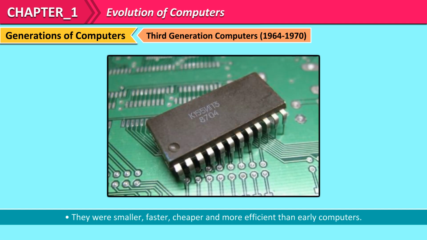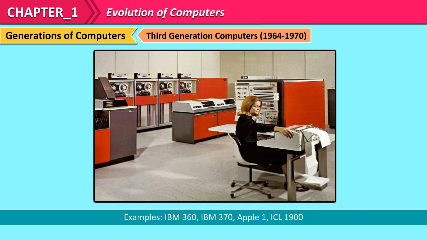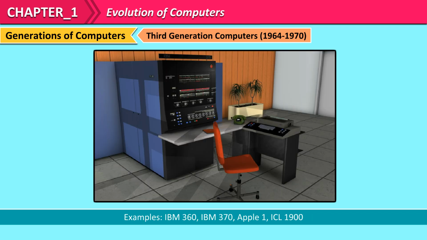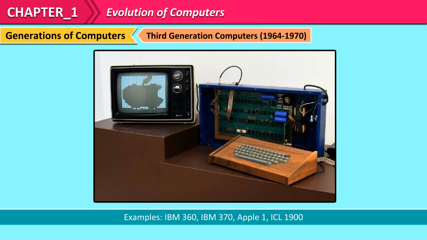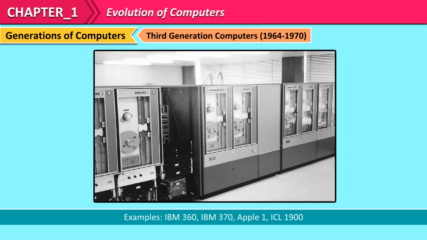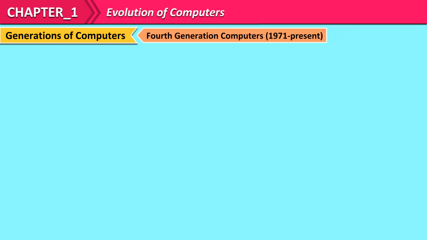They were smaller, faster, cheaper, and more efficient than early computers. Hence, they were made available for the general public. Examples: IBM 360, IBM 370, Apple I, ICL 1900.